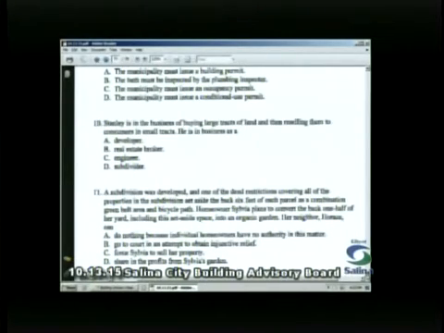Her neighbor, Horace, can A, do nothing because individual homeowners have no authority in this matter, B, go to court and attempt to obtain injunctive release, C, force Sylvia to sell her property, or D, share in the profits from the garden. What do you think he can do? B. Okay, who said B? B is correct.